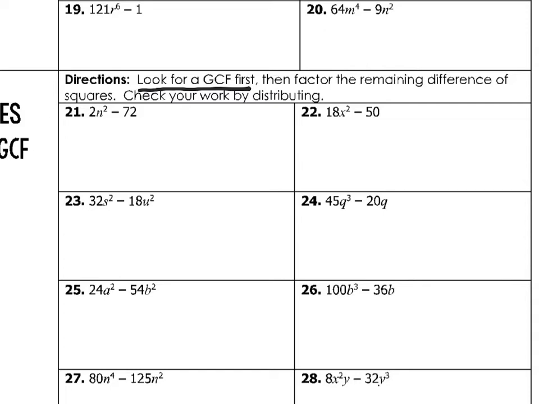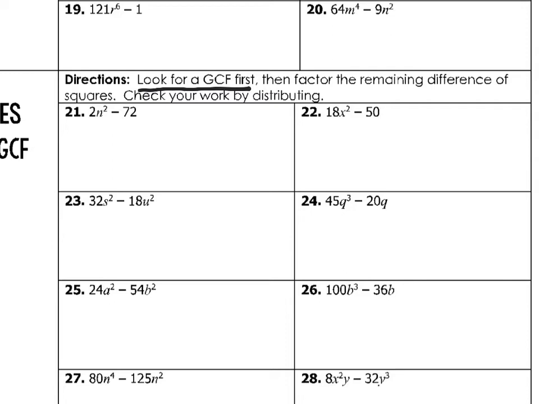You always, always, always, in any type of problem, if you're asked to put it in factored form, always look first to see if there's a greatest common factor. All right, do that first, and then factor it on down to factored form.